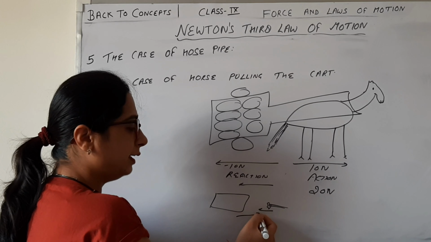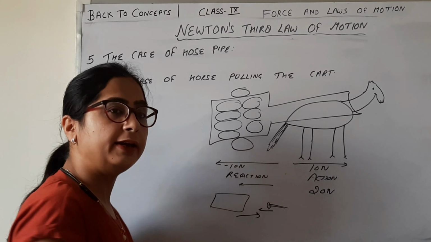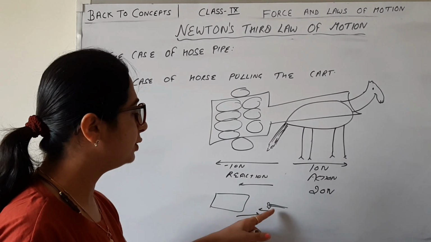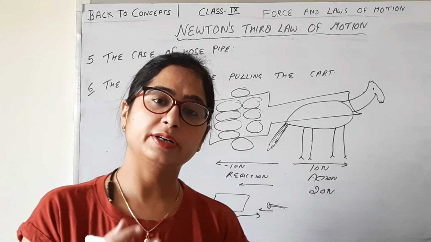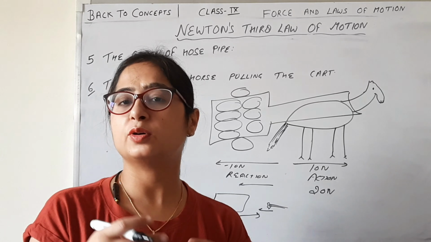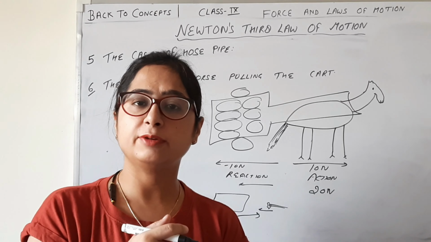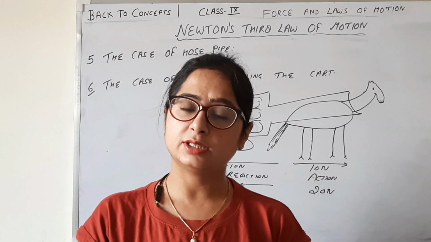The magnet will apply force in this direction and the iron nail applies the reaction of this force in this direction. So the interacting bodies can be in contact or may not be in contact for action and reaction. So this is all about Newton's third law of motion.